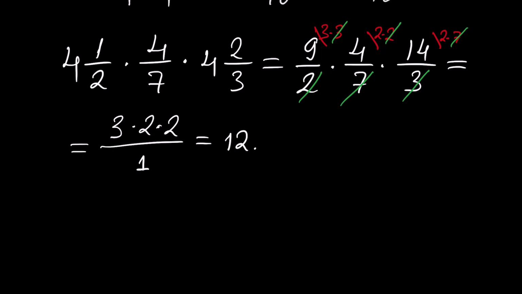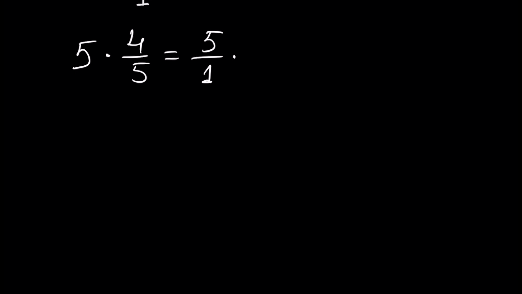Let's give another example. Assume one number is whole number. 5 times 4 over 5. Since 5 can be represented as 5 over 1 times 4 over 5, and our 5s are cancelled out, we have just 4 over 1, which is 4.